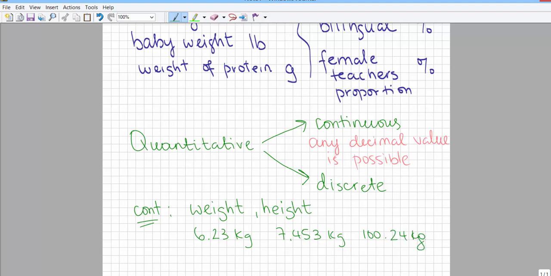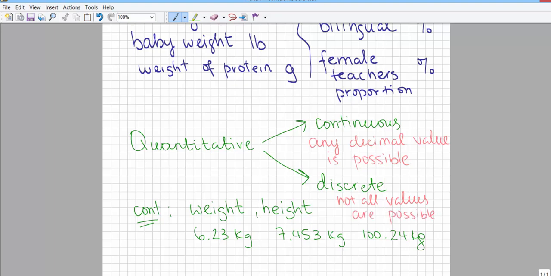Any possible value that has a decimal of any sort is possible, right? So this is a continuous variable. Okay, discrete will be: not all values are possible.